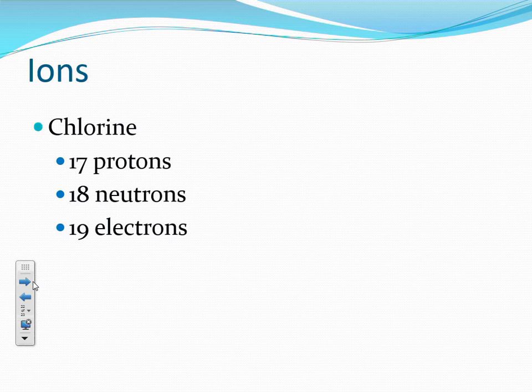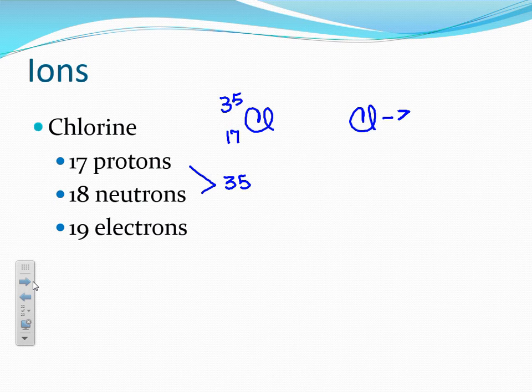Let's look at chlorine. If we looked at nuclear notation, 17 protons, add together your protons and your neutrons. 35 is the mass number, so that goes up top. If I asked for hyphen notation, 35, I could also write the name chlorine-35. Let's figure out the charge on the ion.